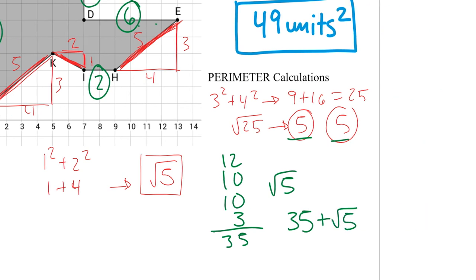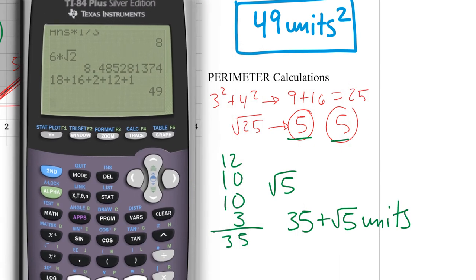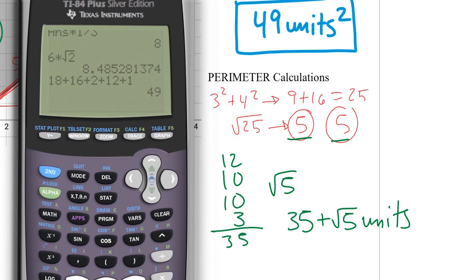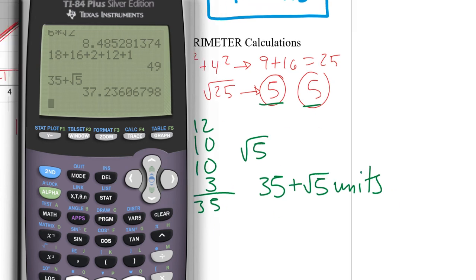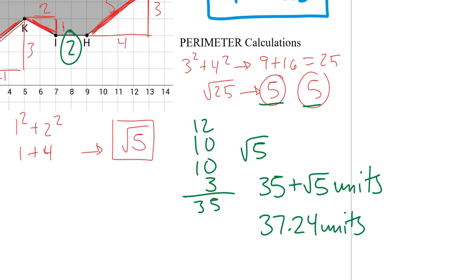I don't know what the units are, so I'm just going to say 35 plus root 5 units. If that really bothers me, I can grab my calculator and compute 35 plus the square root of 5, and it tells me that's about 37.24 units.